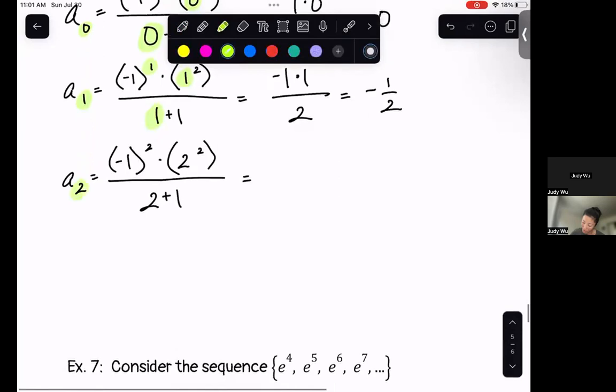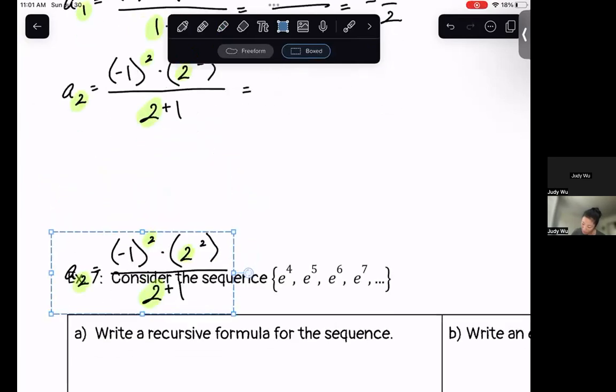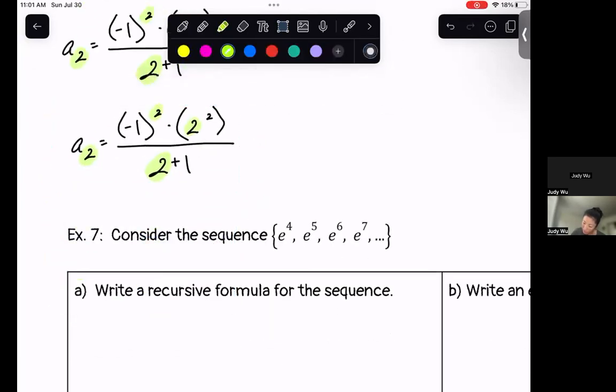Okay, so a sub 2, I'm replacing all of my n's with 2's. I could do the same thing for a sub 3, except instead of 2's, I want 3's.